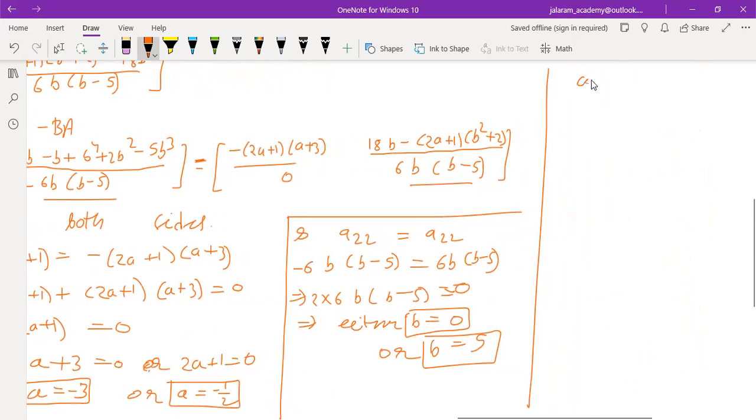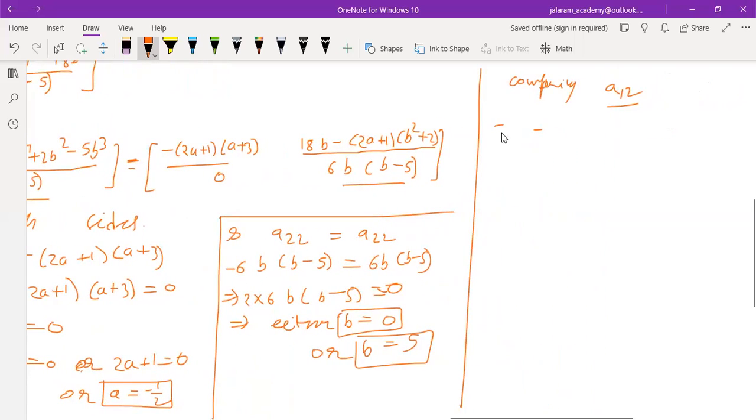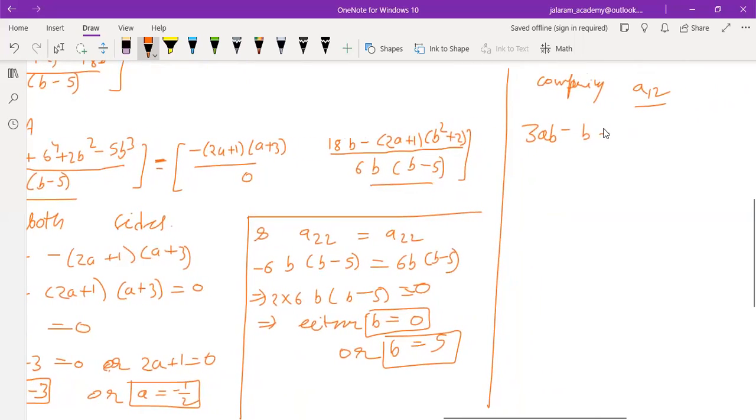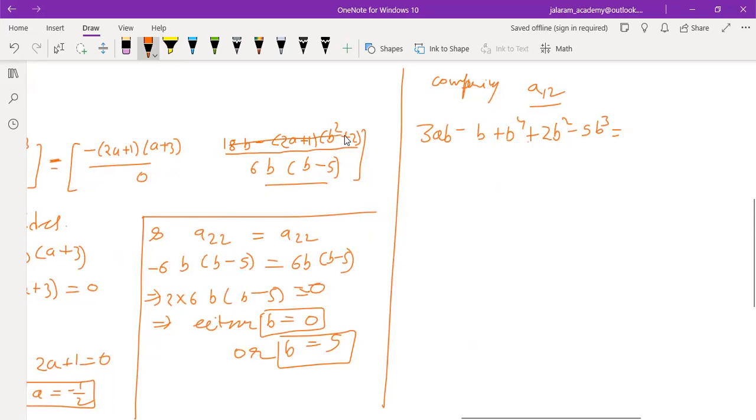That is comparing element of first row, second column, we get 3AB minus B plus B to the power 4 plus 2B square minus 5B cube equals to this side, 18B minus 2A plus 1 into B square plus 2.